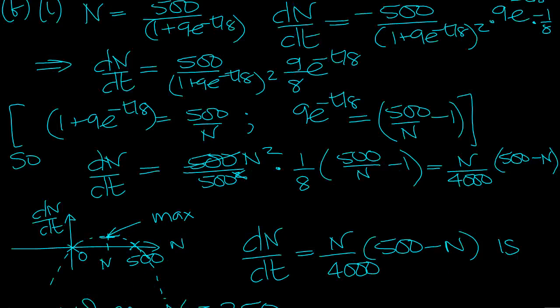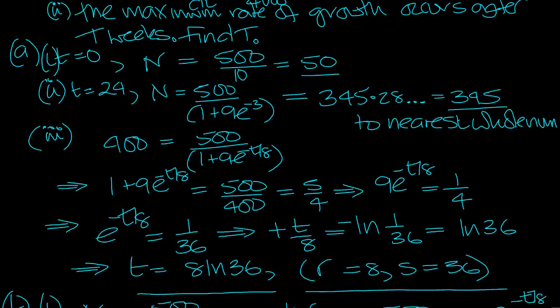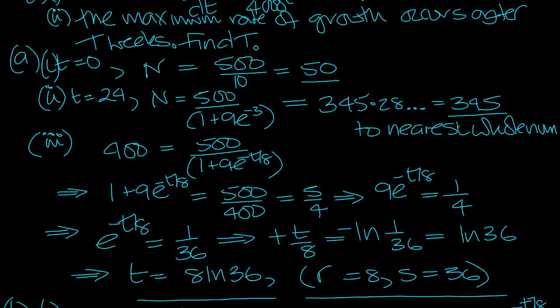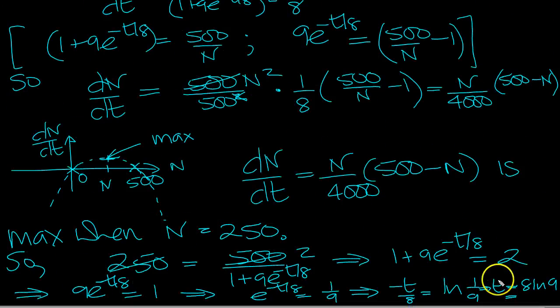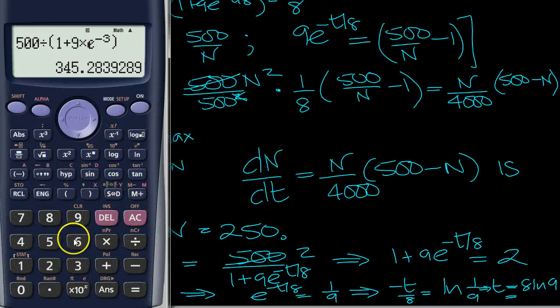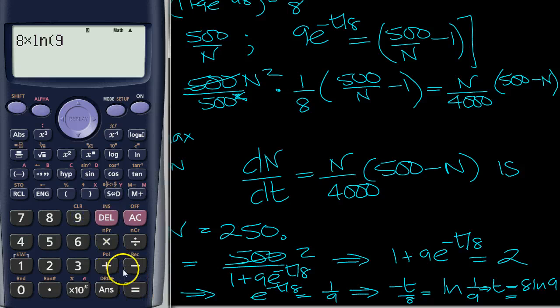So what does it want us to round it to here? After t weeks. So let's find out what we get. 8 times ln 9 equals 17.57. So we can say 17 or 18 weeks, can't we?